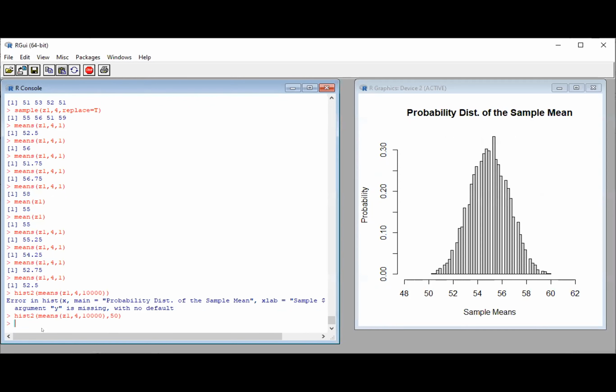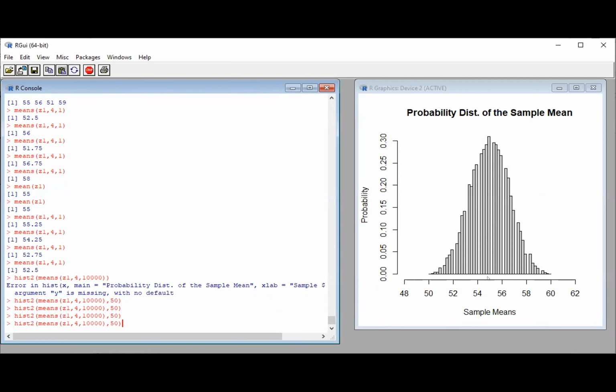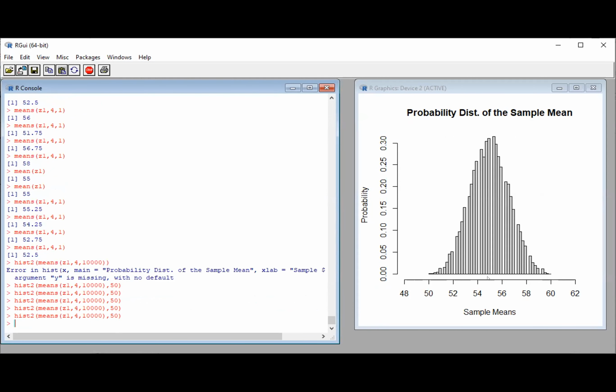So you see that I started with a distribution which was uniform. And I picked a sample of 4. I get all these various numbers, but they are distributed around the same central value. And every time I plot, I get something slightly different, but it looks very much like a normal distribution.